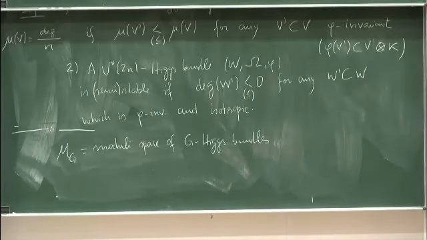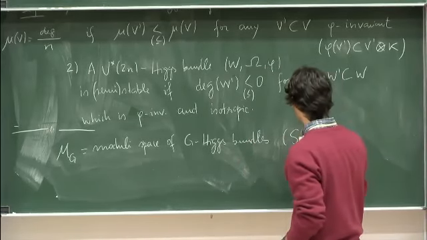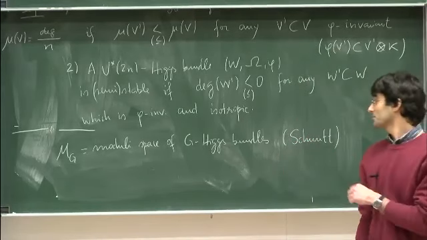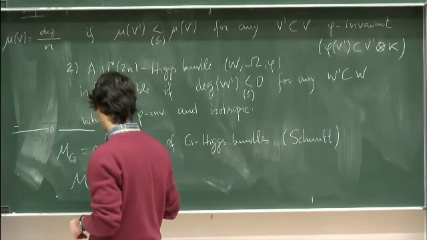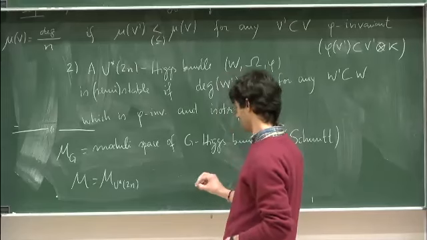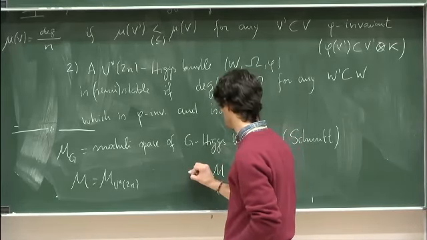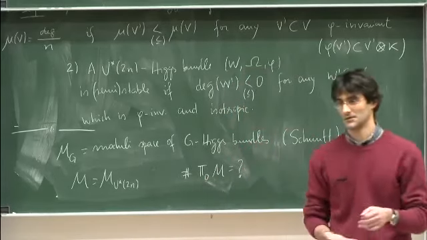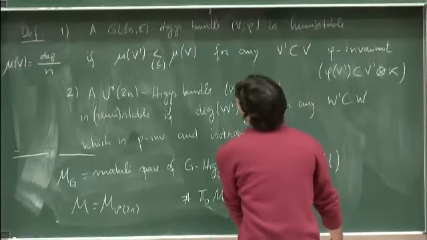This was constructed by Alexander Schmitt in this generality. And what we want, let's write M for the moduli space, is to know the number of connected components of M.